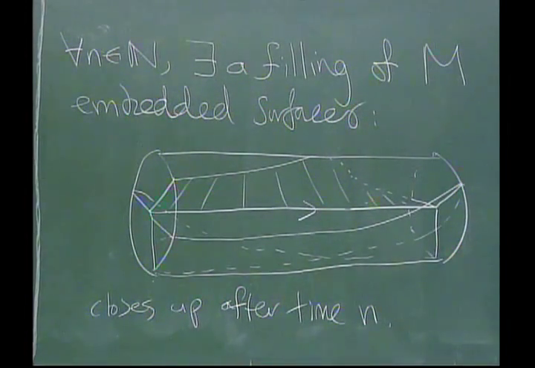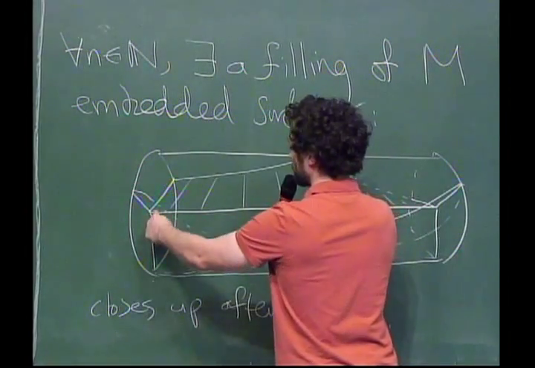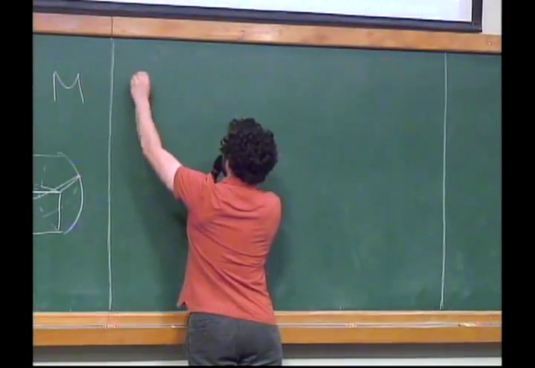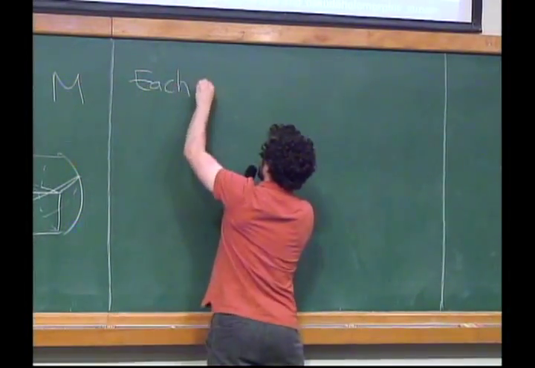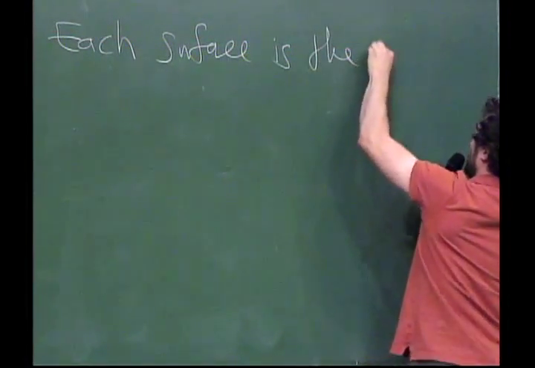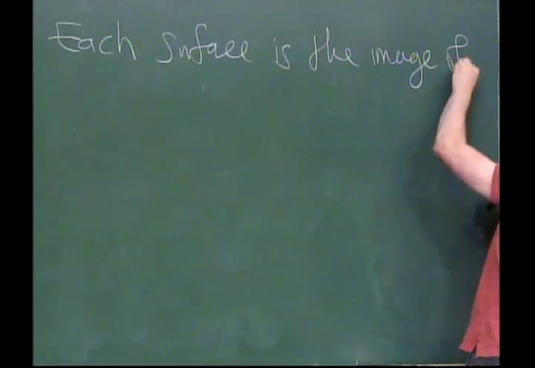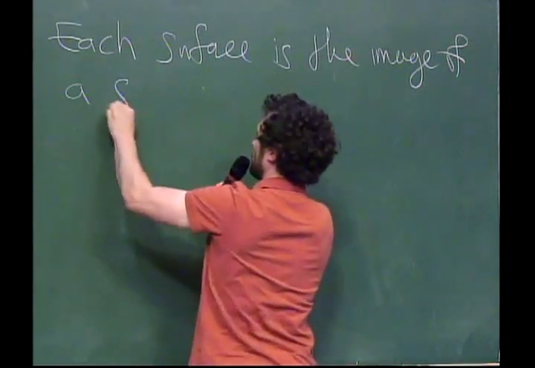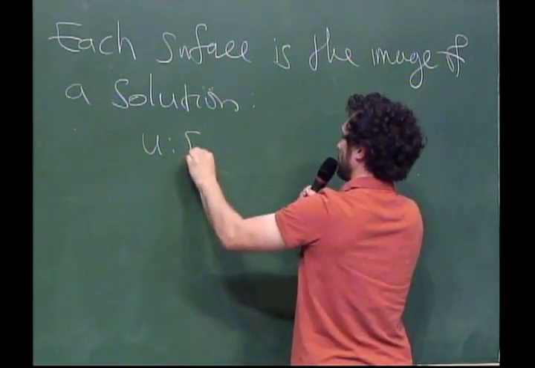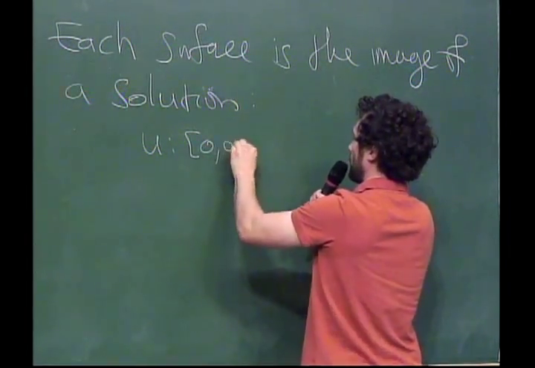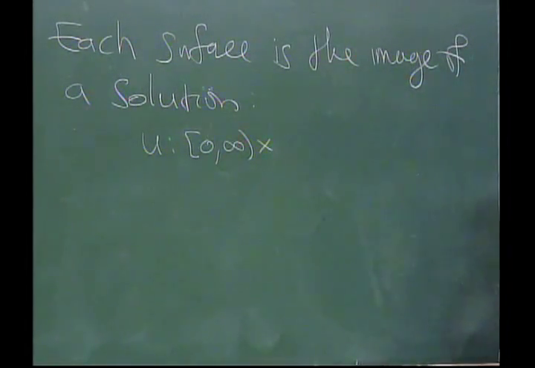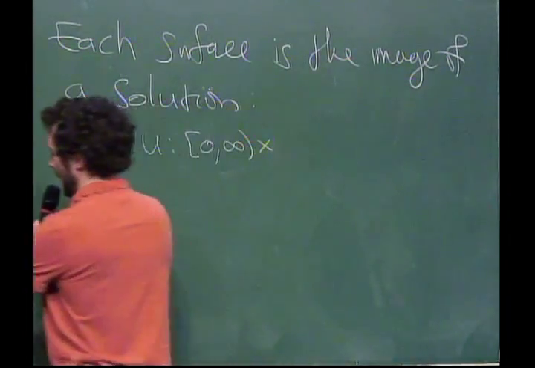And then there's actually a whole filling of here that forms a smooth foliation on the complement of this periodic orbit. And each surface is the image of a solution u from a half-infinite cylinder with the circle direction being length n.